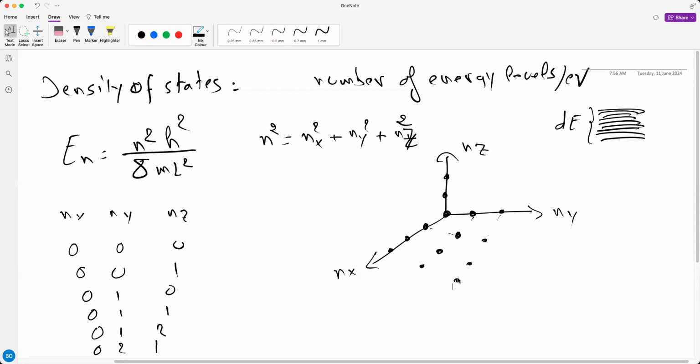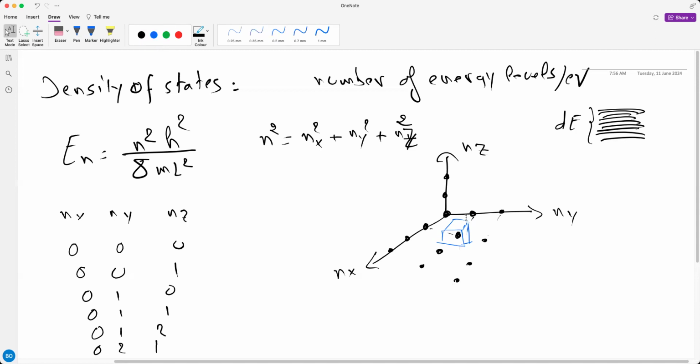So this means if I take any small cube, let's say this cube, each cube has a volume of one state.